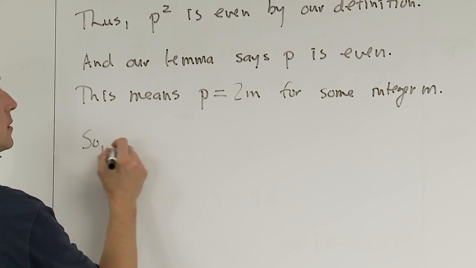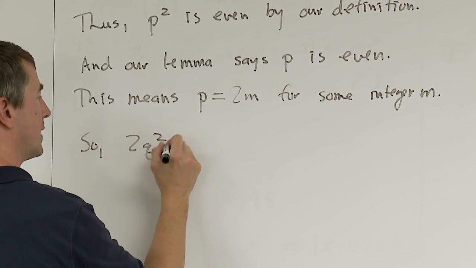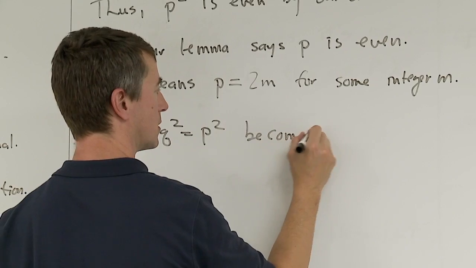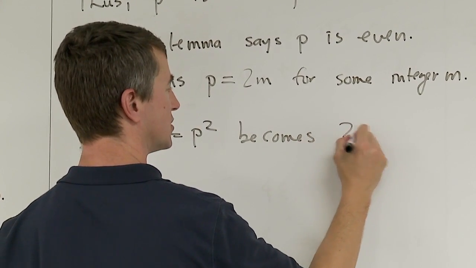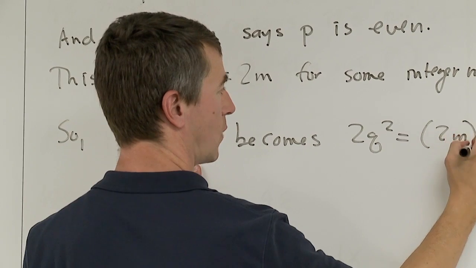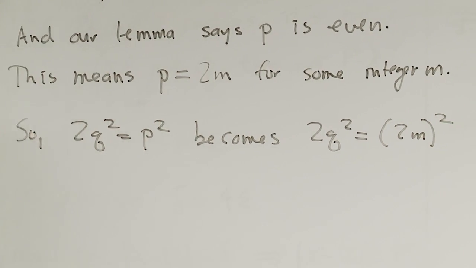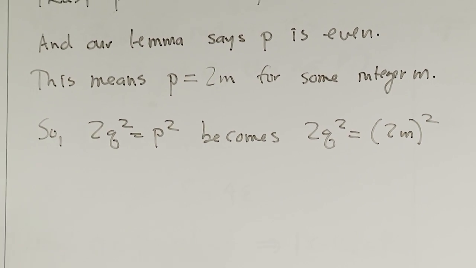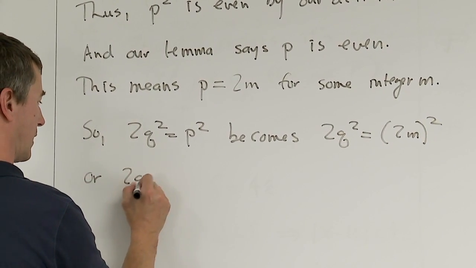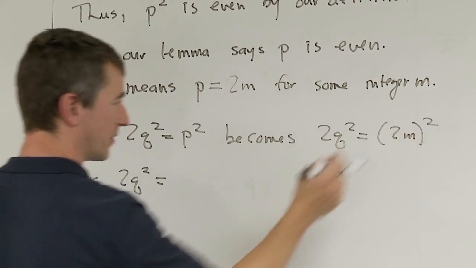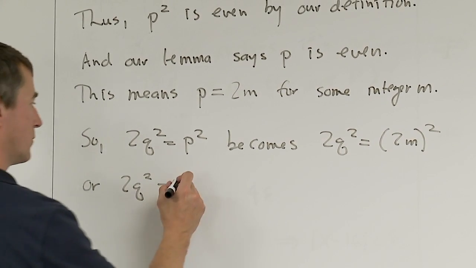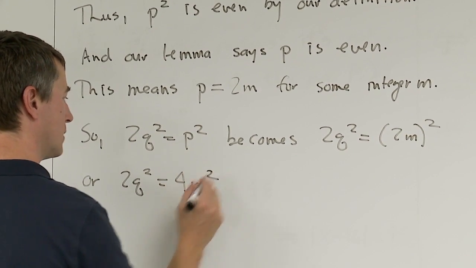So 2q squared equals p squared becomes what? 2q squared equals 2m quantity squared, right? Which is the same as saying 2q squared, and if I wanted to remove the parentheses, I would get what on the right side? 4m squared.